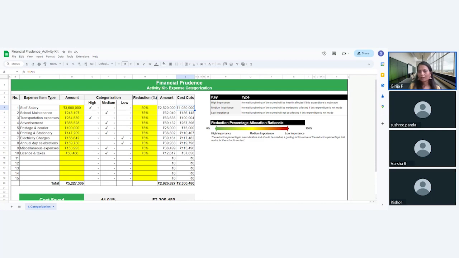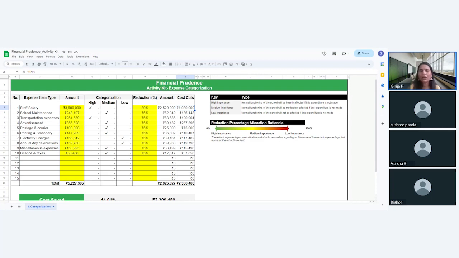People who requested access, I have given the permission to them. Now you can make a copy of that Excel, or if you want to download, you can download as well. Whoever requested that Excel, I have given permission to them, and I can see the people are there as well.